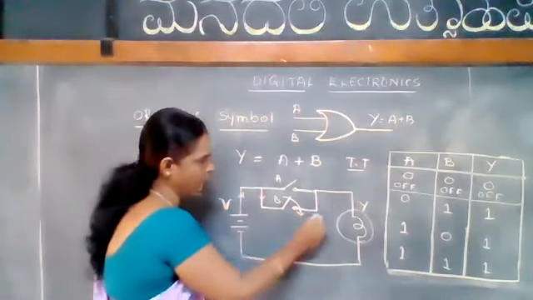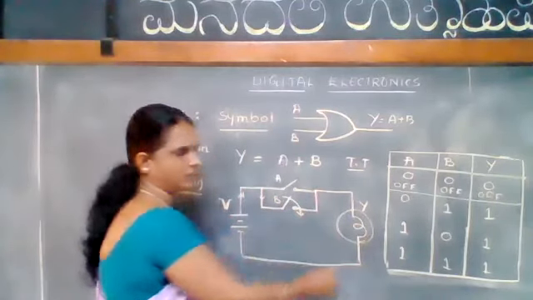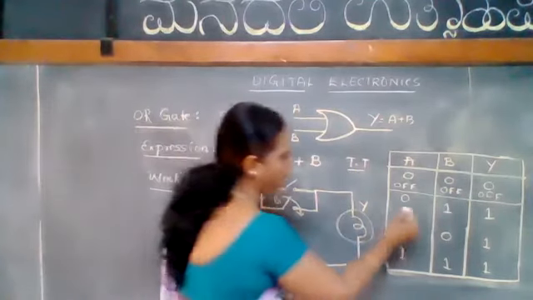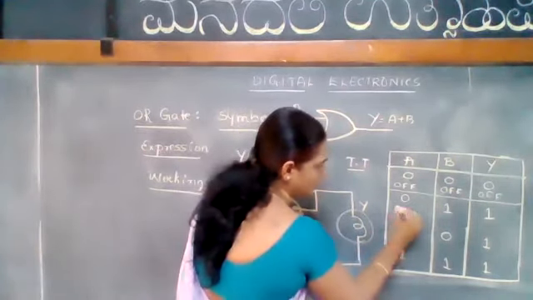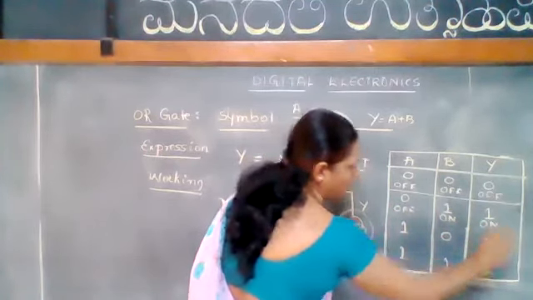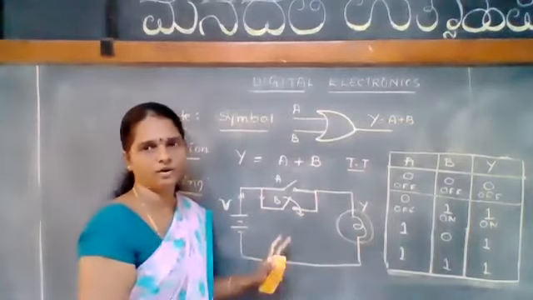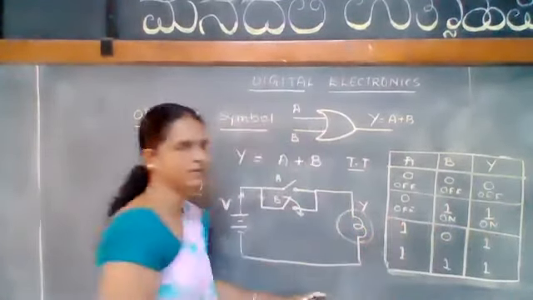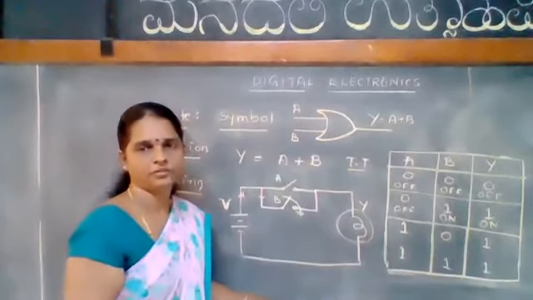So it can flow through B and through the bulb. Therefore, A is off, B is on, and the output is on. The bulb goes on. This is the second condition in the truth table.